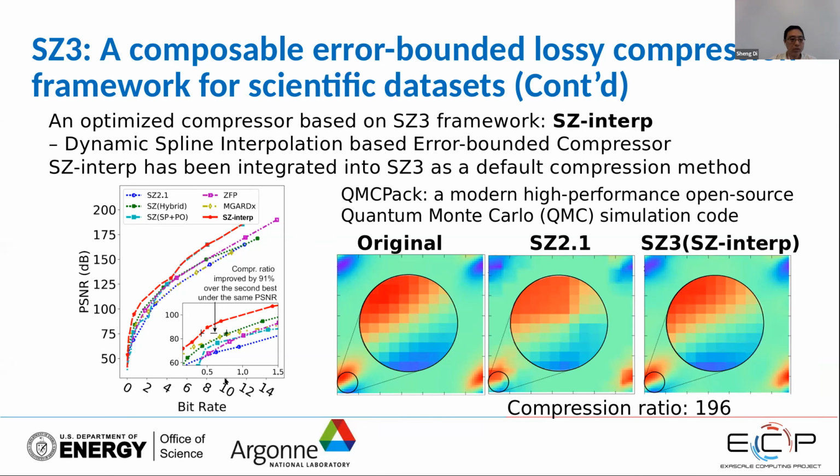So obviously the interp is really outstanding on this data set. And in this visualization, we can also see that SZ3 significantly improved the visual quality compared with SZ2.1, against the original data set, with the compression ratio of 196 on this data set QMCPACK.